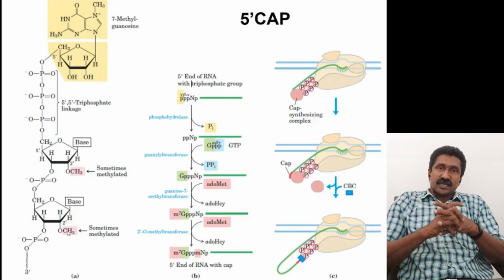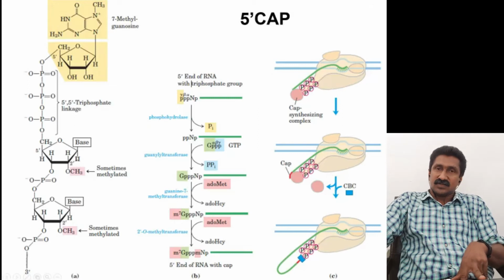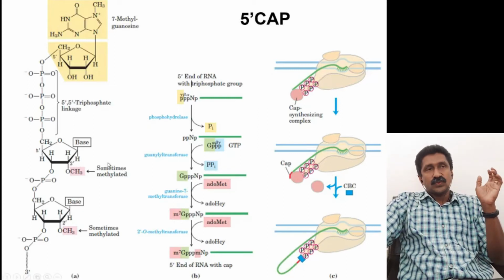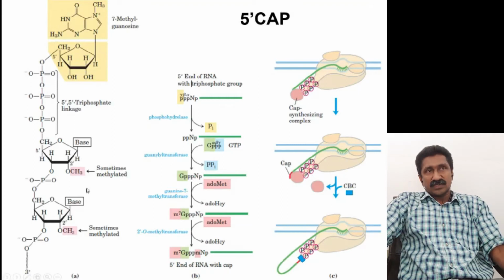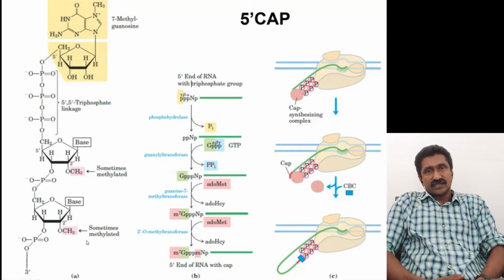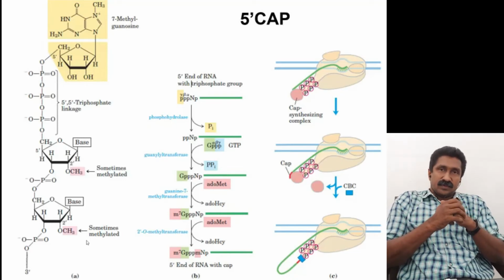And in case of cap 1, the 7-methyl guanosine and the first position is methylated. In case of cap 2, 7-methyl guanosine, then first position and second position, all the 3 are methylated. So there are 3 different types of methyl caps: cap 0, cap 1 and cap 2.